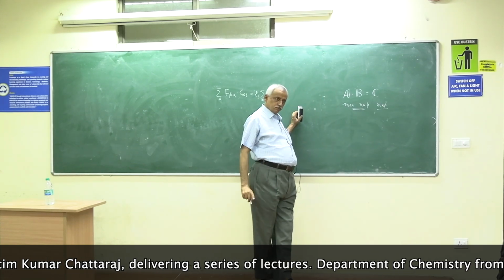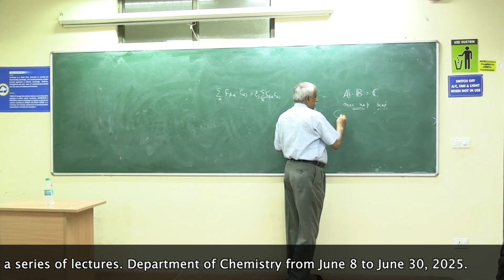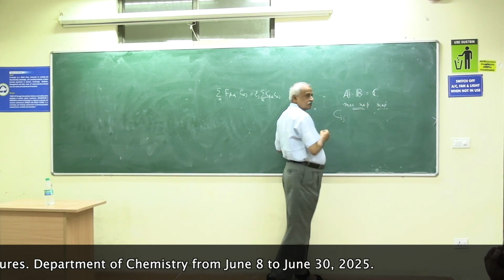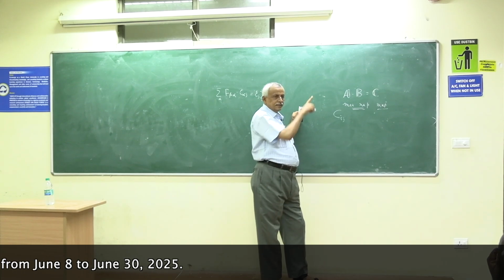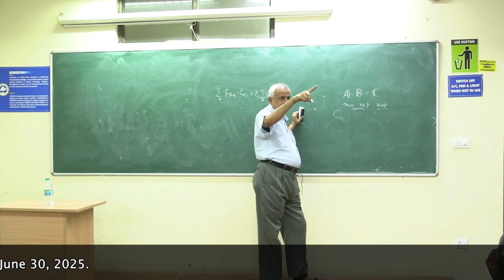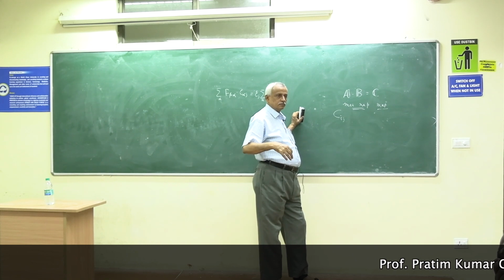Suppose I want C_ij, the ijth element of the C matrix. How do you get it? The ith row of A multiplied by the jth column of B, and then summed over all of them.